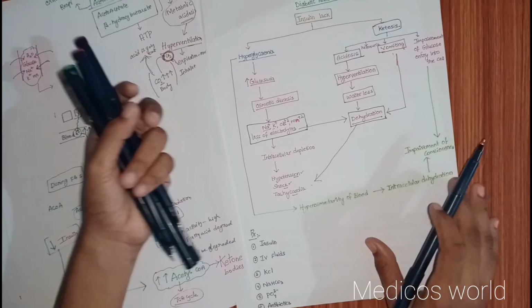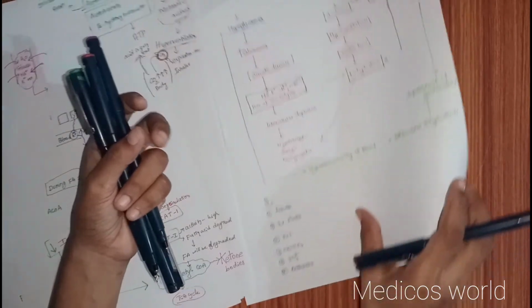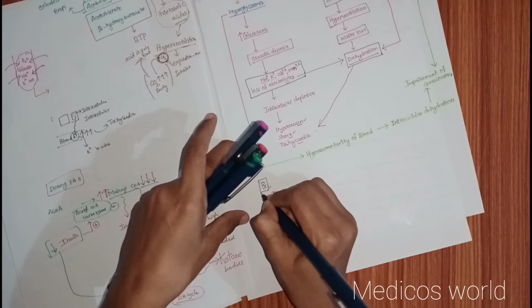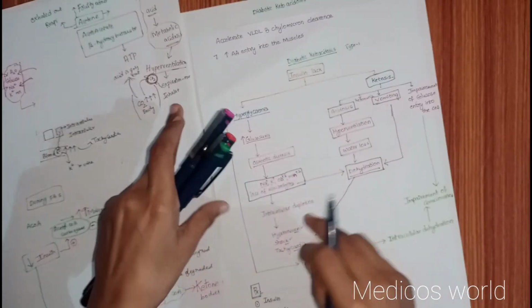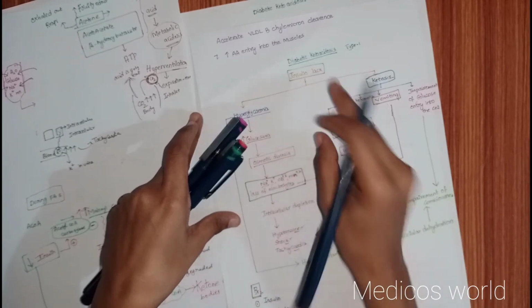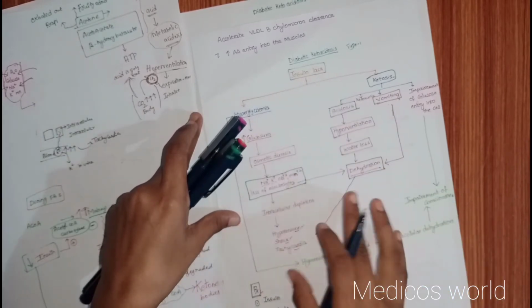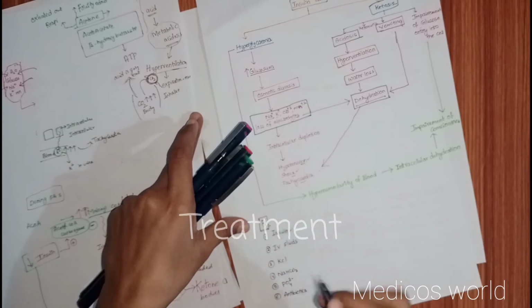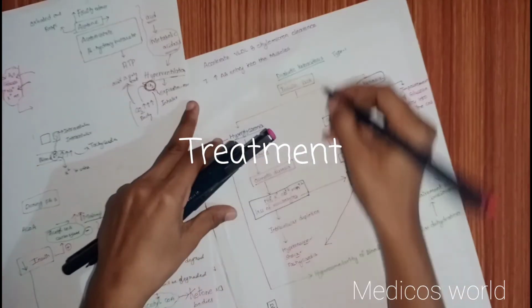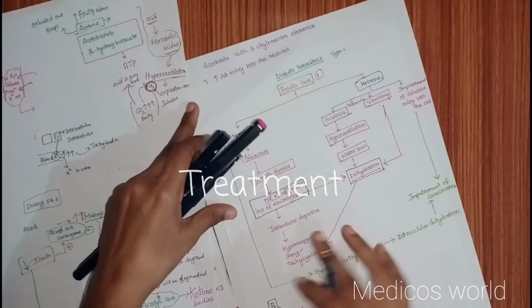How do I treat diabetic ketoacidosis? First give insulin. All these manifestations are due to insulin deficiency, so first give insulin.